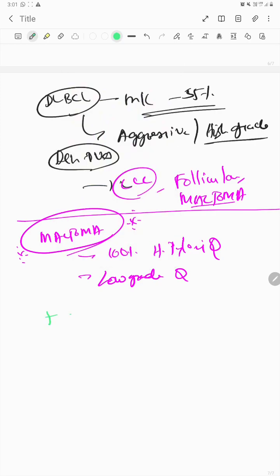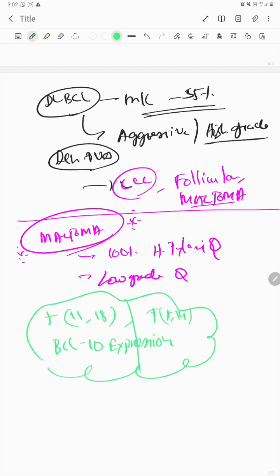Okay, and another important thing I want to say in maltoma is that if there is translocation of 11;18 or 1;14 and BCL10 expression, if we tend to see this, then there will be non-responsiveness to H. pylori eradication.